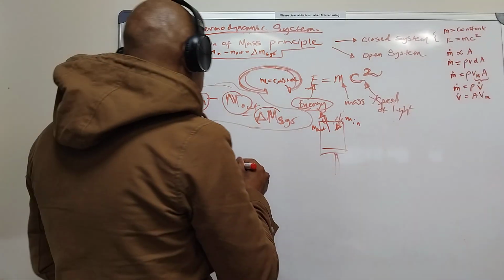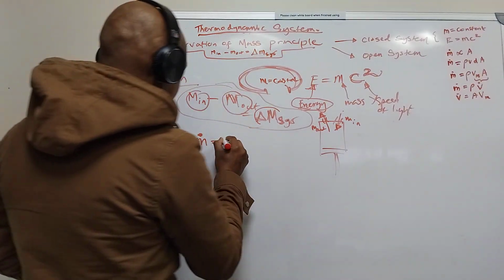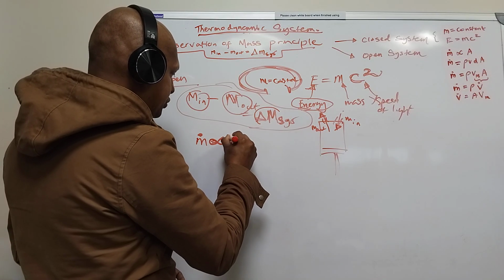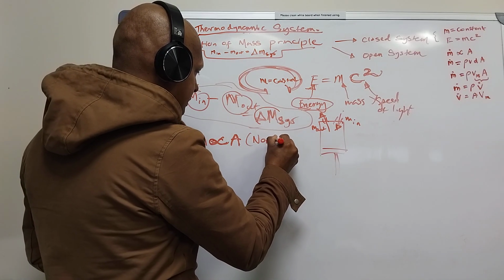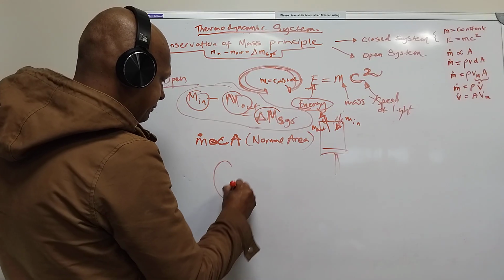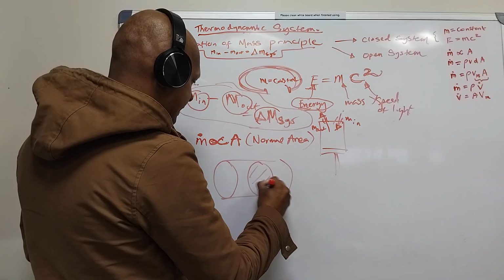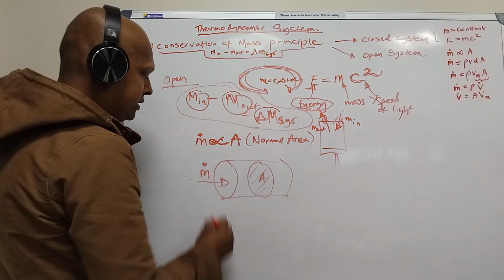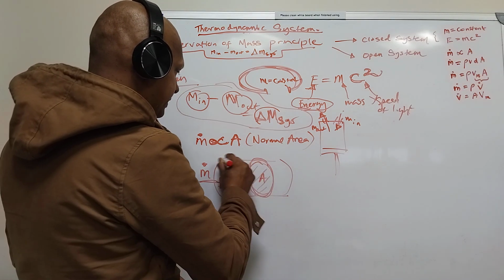Mass flow rate is proportional to the normal area. If you consider a duct, that's the area and that's the mass flow rate, so it is proportional to the area of the duct.